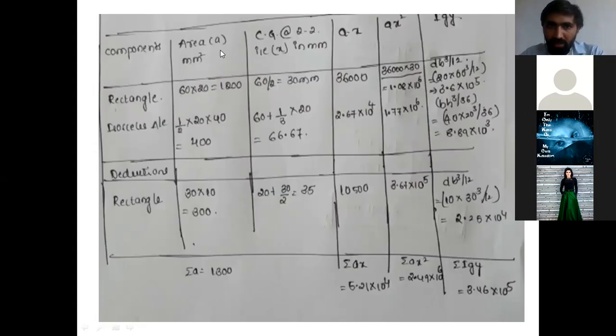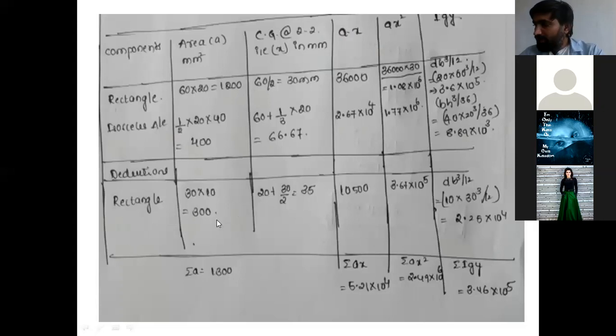Now we have got the area and again the x distance with reference to the 2-2 axis. So find out the area into x in terms of millimeter cube. Area will be in millimeter square, and x will be in terms of mm, so that will be millimeter cube. So for this rectangle, 1200 multiplied by 30, you will get 36,000. And similarly, for the isosceles triangle, 400 multiplied by 66.67, you will get 2.67 into 10 raised to 4 millimeter cube. And similarly for the rectangle, the area will be 300, and the x distance will be 35.